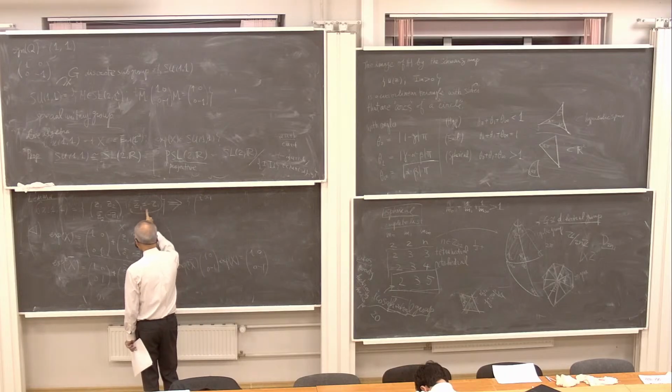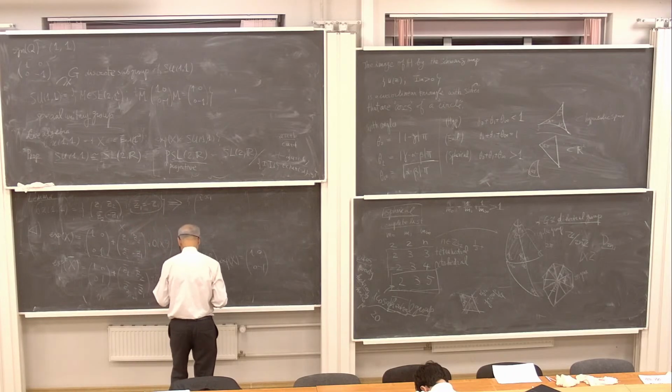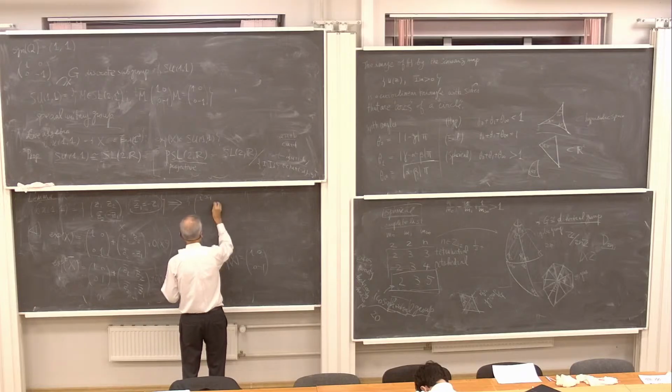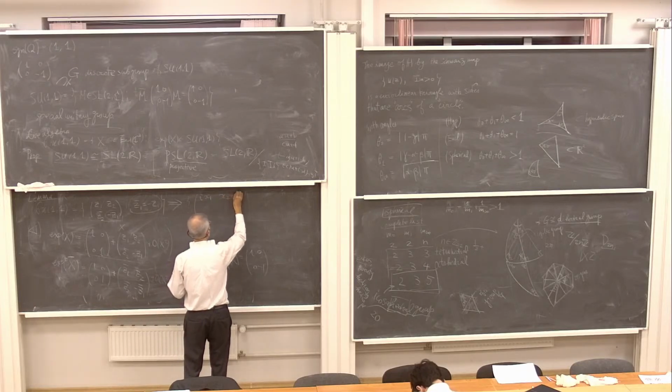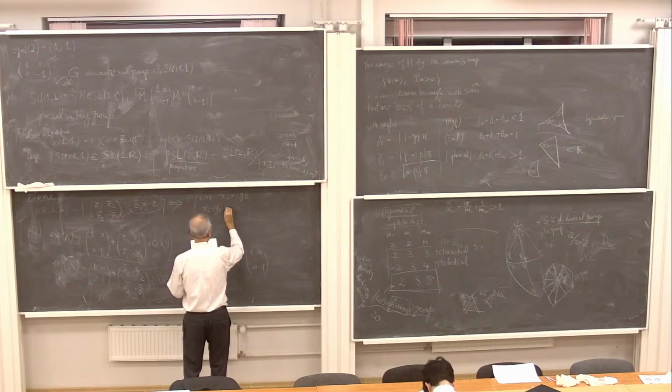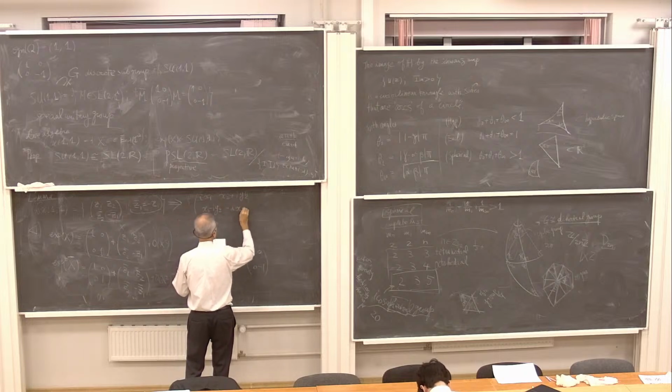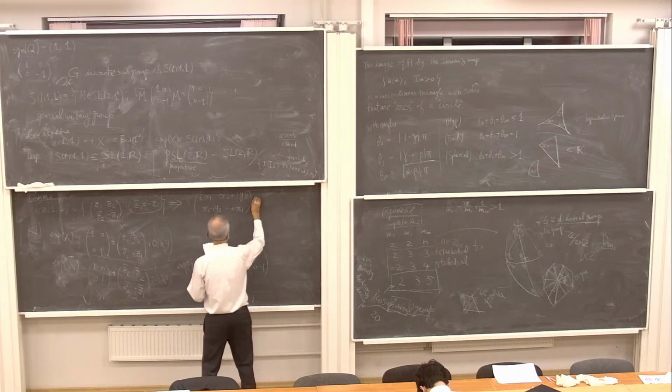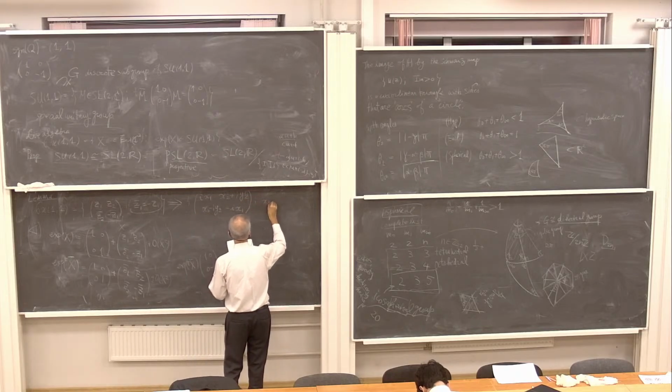Right? z1 is pure imaginary, and z2 is x2 minus iy2, so it's a complex conjugate, and x2, y2 any real number.